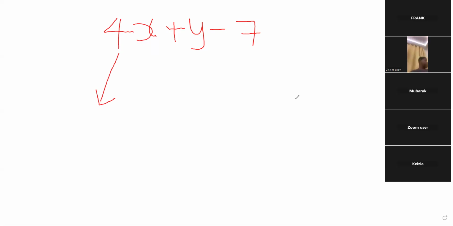So anytime you have a number closely multiplying a letter in an algebraic expression, that particular number is called the coefficient. So the number 4 is multiplying x. Hence, we say the number 4 is called the coefficient of x.